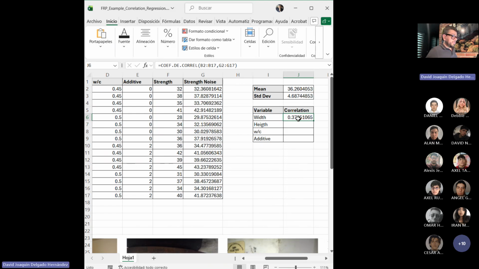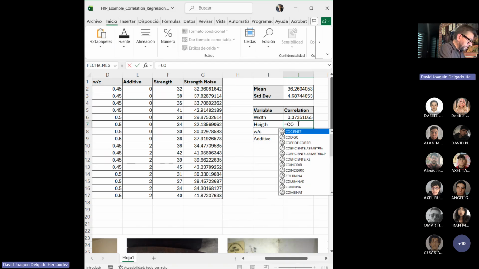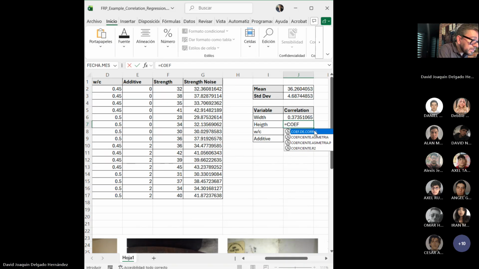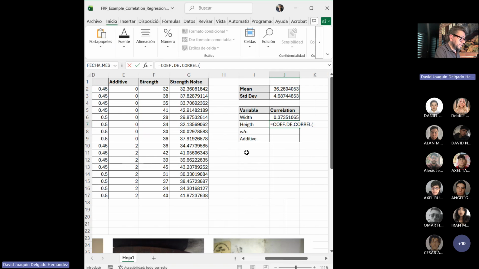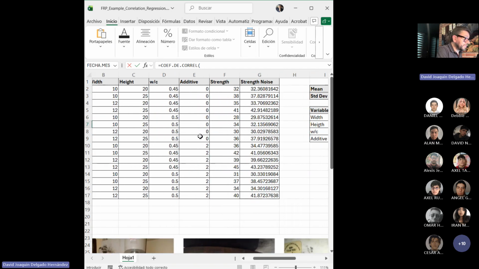Okay, let us do exactly the same for the following variables, okay? So in the case of the height, I am going to put equals coef de correl, correlation coefficient in Spanish, and then I choose the respective values.